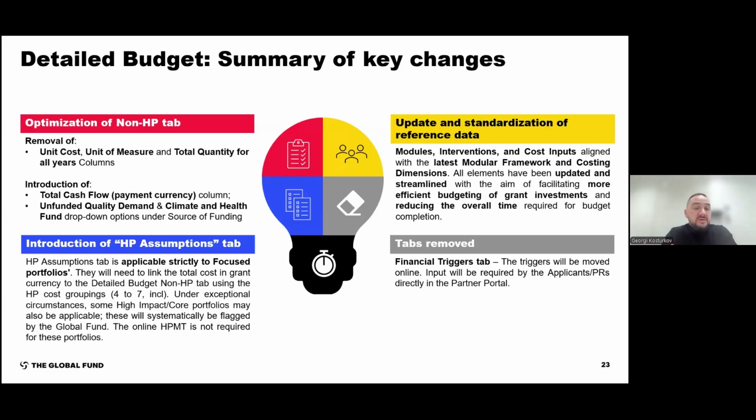Although it won't be mandatory for the PRs to include this into the detailed budget, we'll strongly encourage the PRs to include at least some key critical activities under the non-HP tab unfunded quality demand, which will help and facilitate the conversion of the unfunded quality demand into actual activities should there be savings or additional funding along the grant life cycle of the grant.